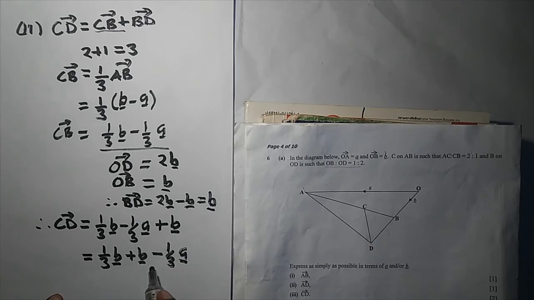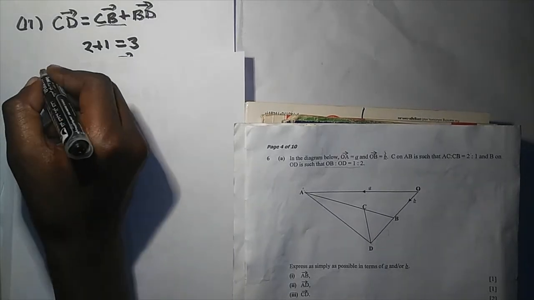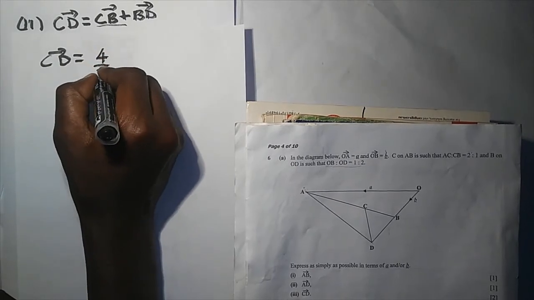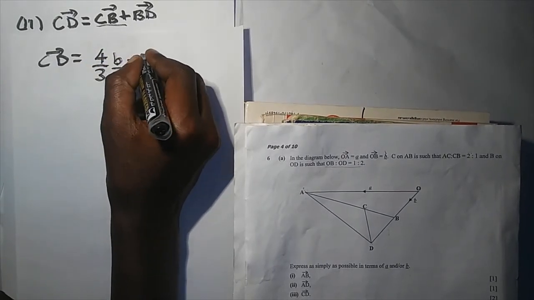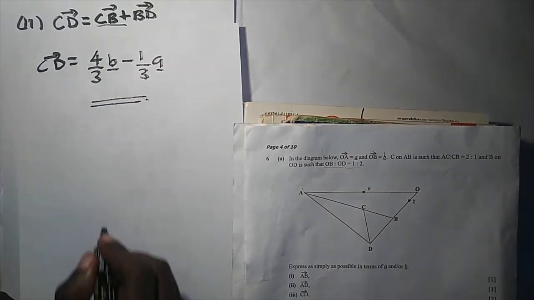Okay, so we can find common denominators here. Here we have the denominator of 1. The common denominator here will be 3. So 3 into 3 is 1 times 1. You're just going to have 1 there. So you have B here. Plus 1 into 3 is 3. 3 times B there is 3B. So when we add, our answer for CD is equal to 4 over 3B minus 1 over 3A. And so this is our answer for CD.